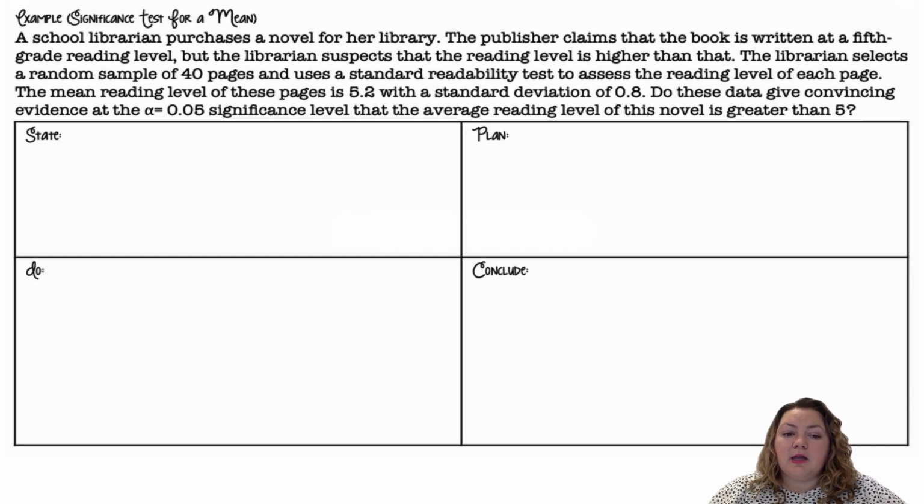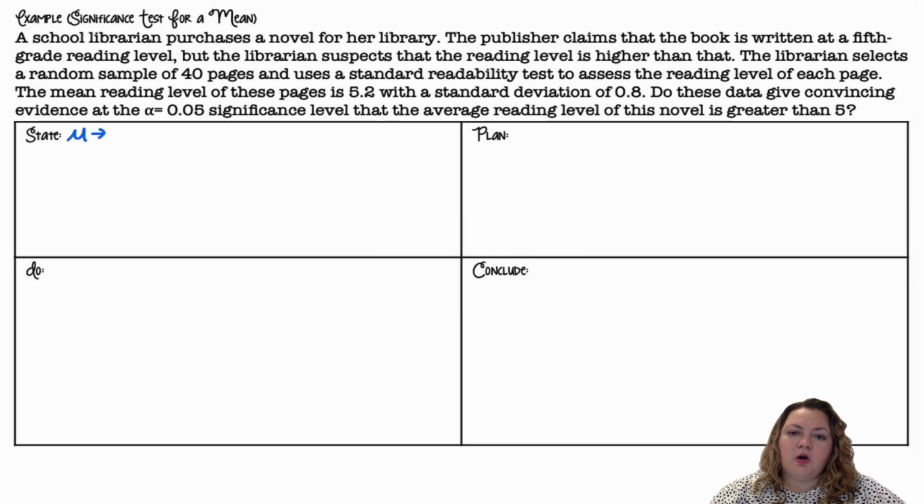The mean reading level of these pages is 5.2 with a standard deviation of 0.8. Do the data give convincing evidence at an alpha of 0.05 significance level that the average reading level of this novel is greater than 5?